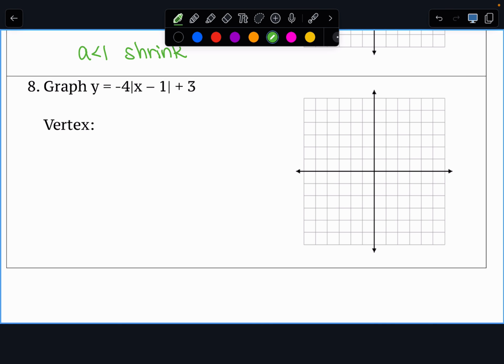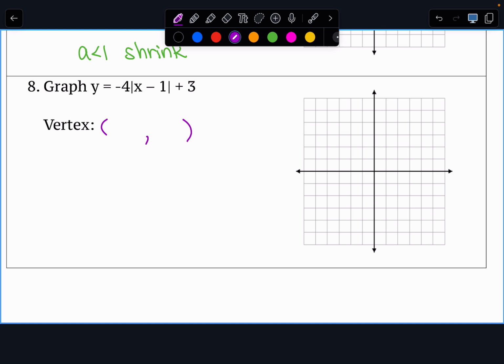Look at number 8. Will you write down where you think the vertex should be for number 8? Bennett, where's our vertex?